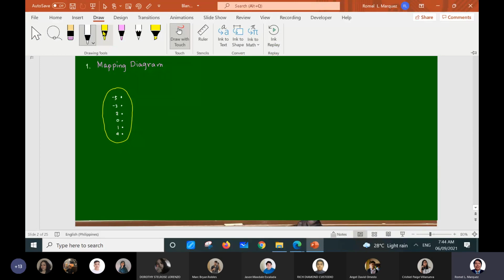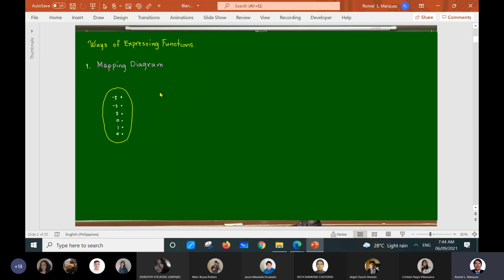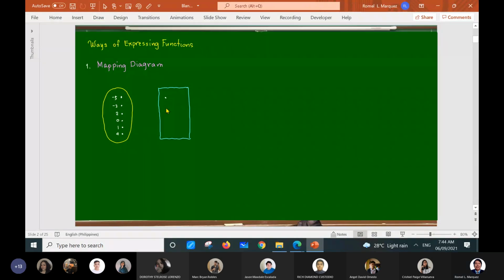And there is another set. Let's say this is the other set, and this set also contains numbers, represented by dots.